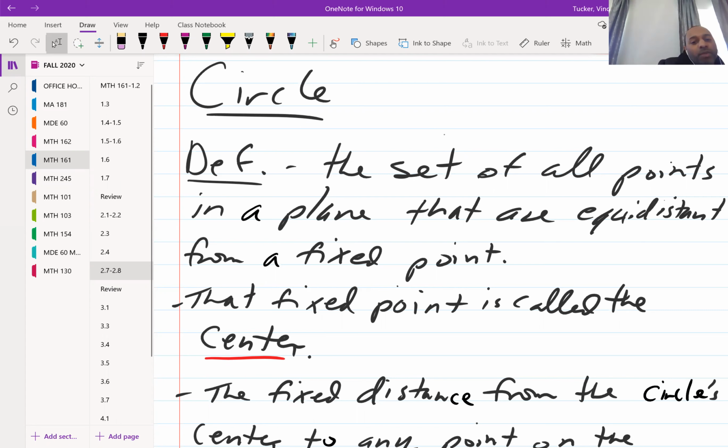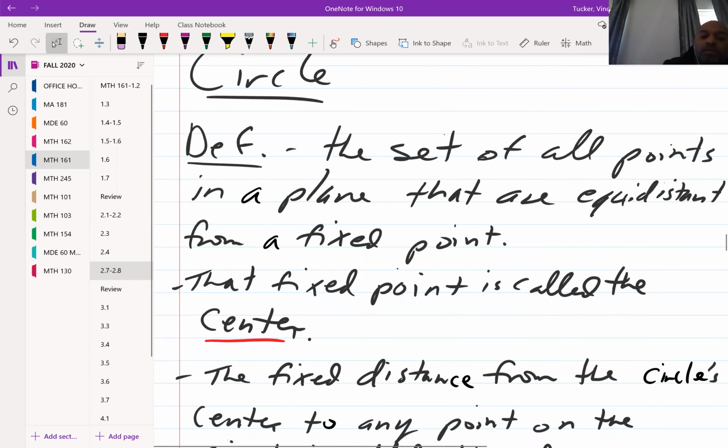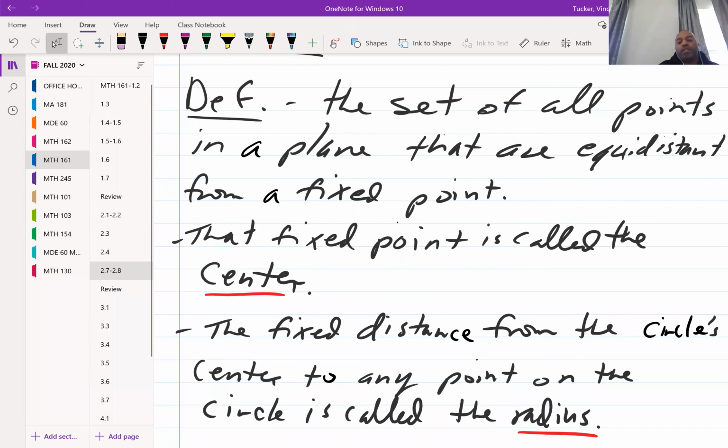That fixed point is called the center. All right, the fixed distance from the circle's center to any point on the circle is called the radius.